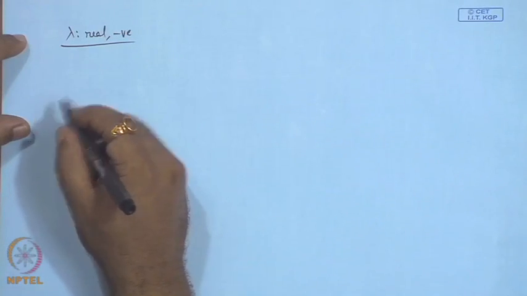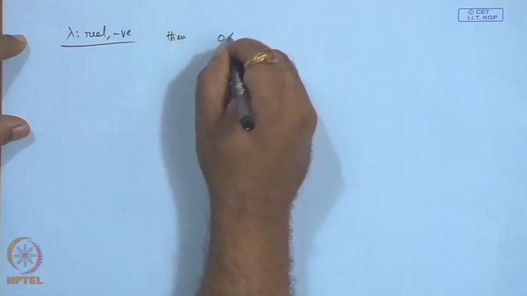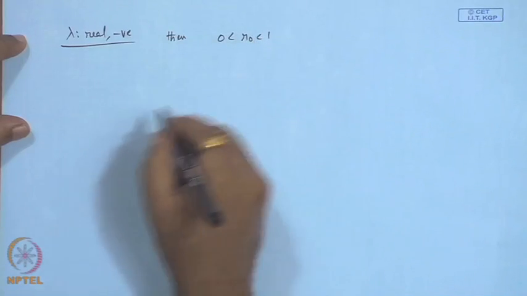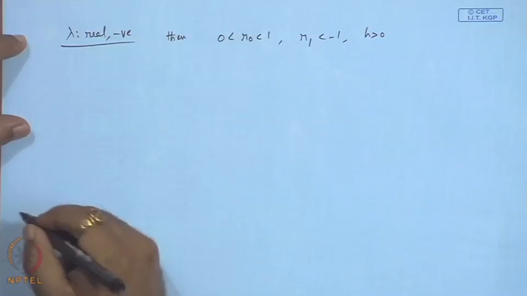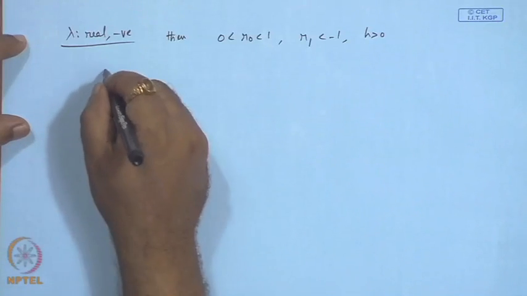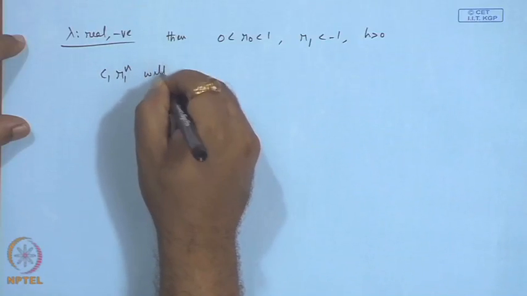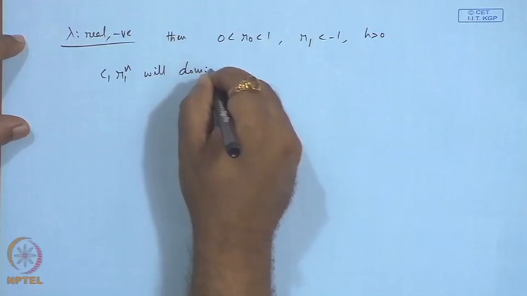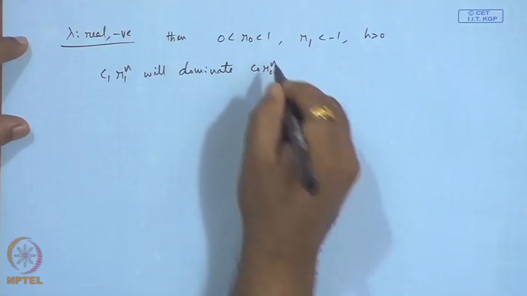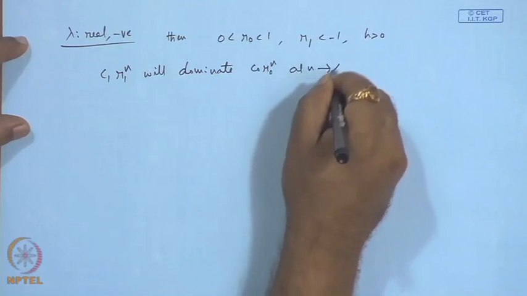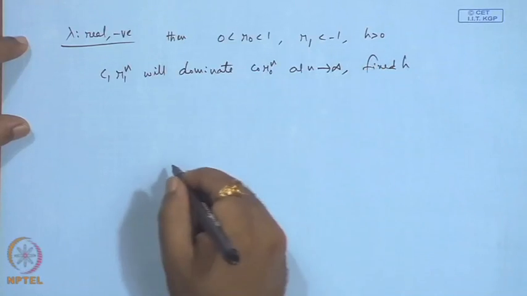Okay. Lambda is negative, then, of course, h is positive. Okay. So, then C 1 r power n will dominate C 0 r power n as n goes to infinity for a fixed h.